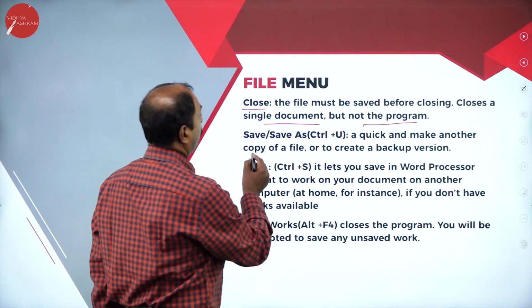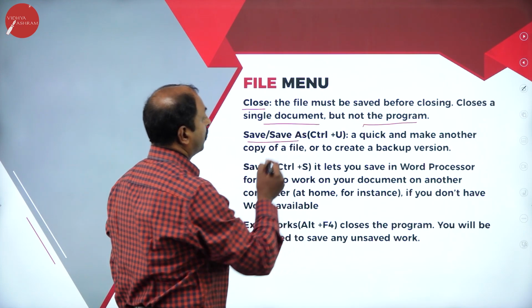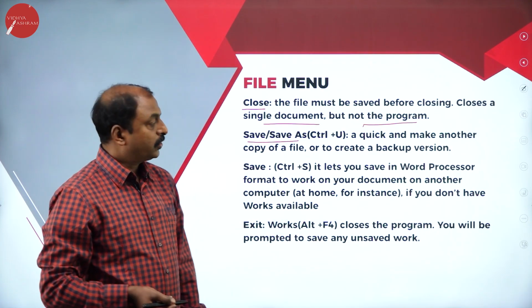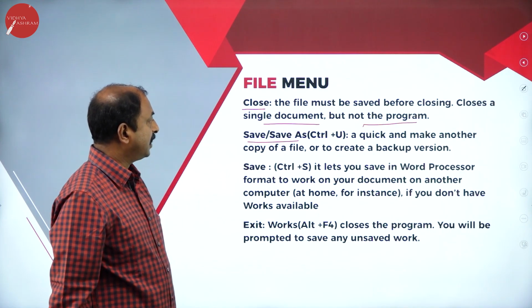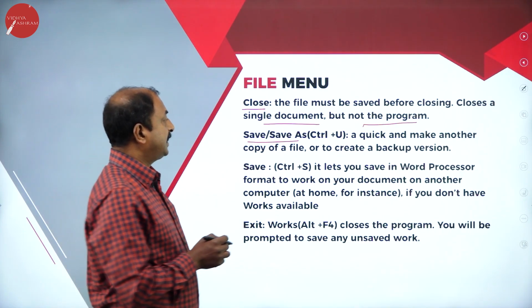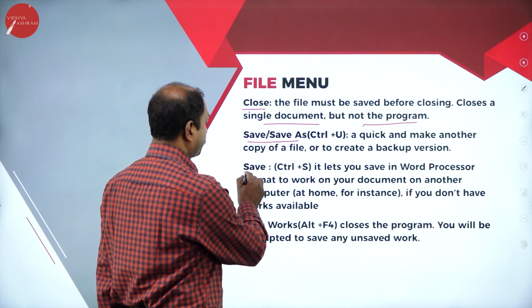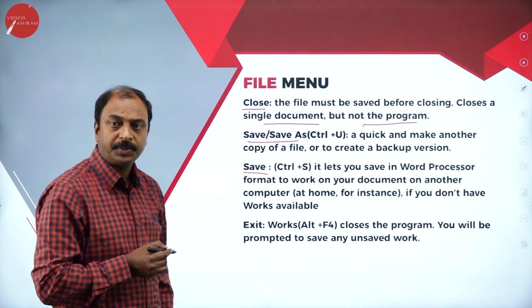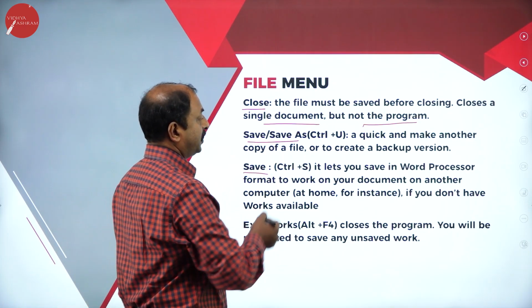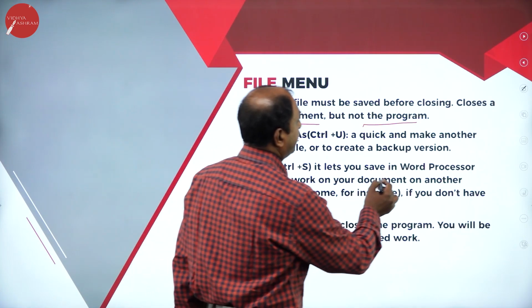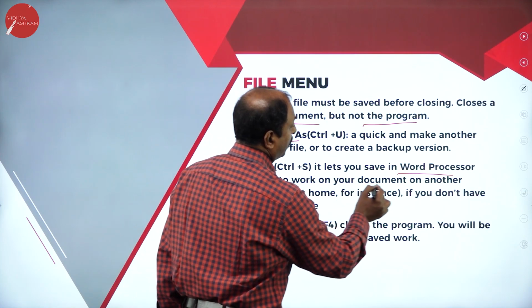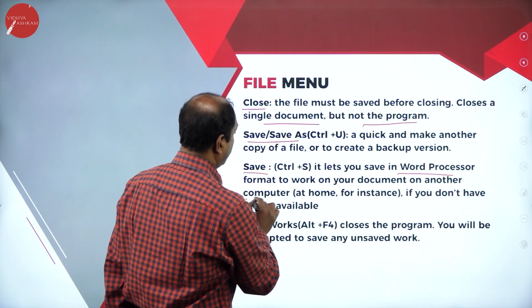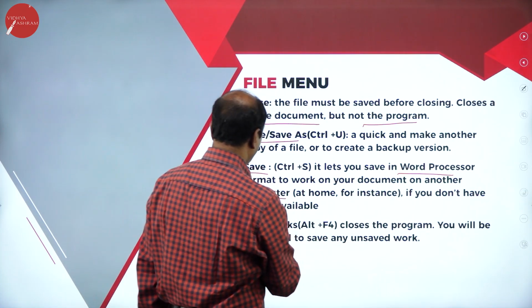Next one is save or save as. Any document can be saved. There are two options: one is the save option, one is the save as option. What is the use of the save option? Here Control S is the shortcut key. It saves in word processor format so you can work on your document on another computer or in a different location.